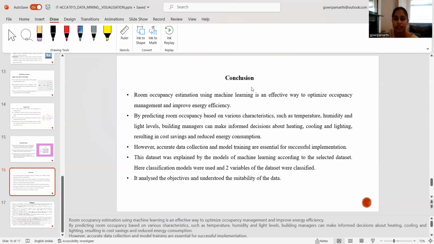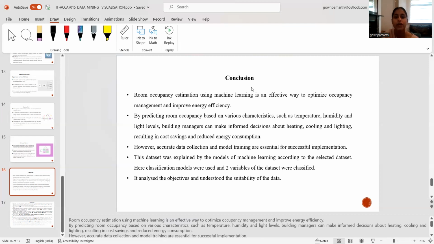Machine learning improves energy efficiency by predicting room occupancy based on various characteristics such as temperature, humidity, and light, helping building managers make informed decisions about heating, cooling, and lighting, resulting in saving money and reducing energy consumption.